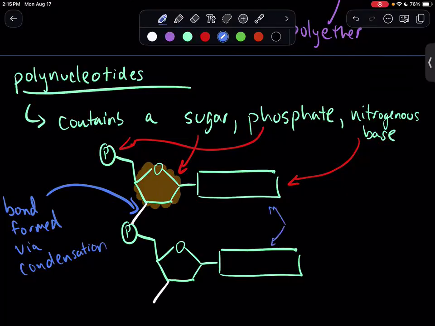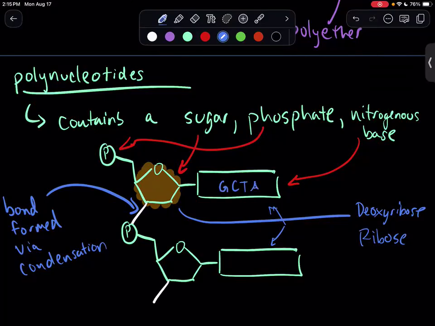The sugar is either deoxyribose or ribose, and that's what differentiates those molecules, as well as the nitrogenous base, which for DNA can be G, C, T, or A, and for RNA, it could be G, C, U, or A, where thymine is replaced by uracil.